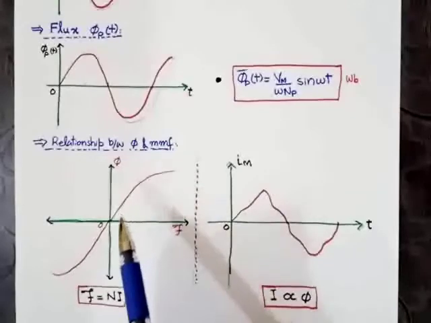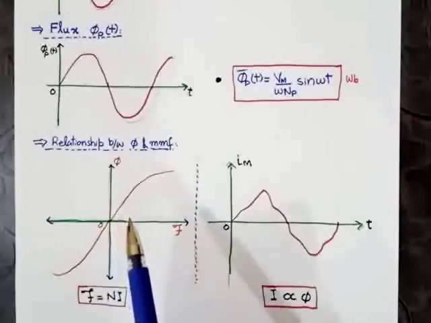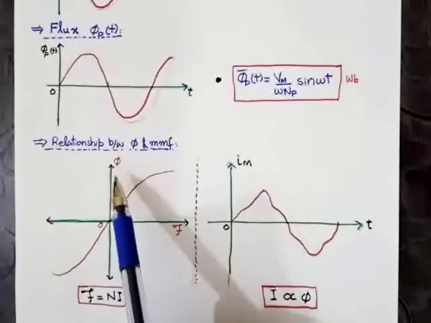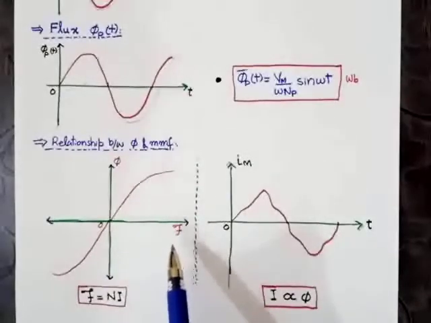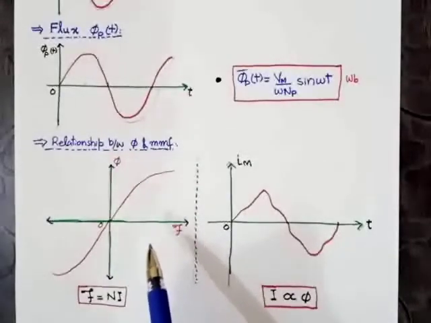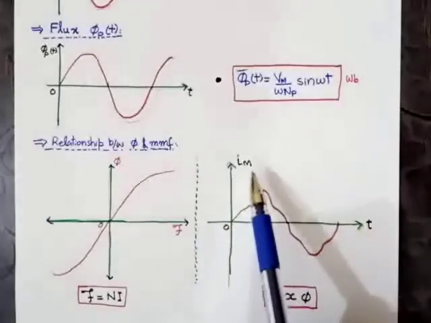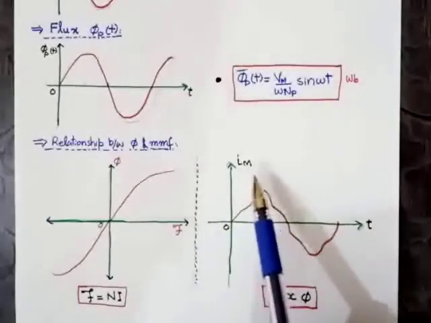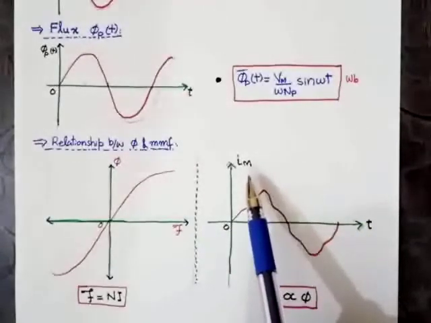So this is the third waveform, the waveform between the flux and the magnetomotive force. Now we will draw the waveform of magnetization current, that is Im.